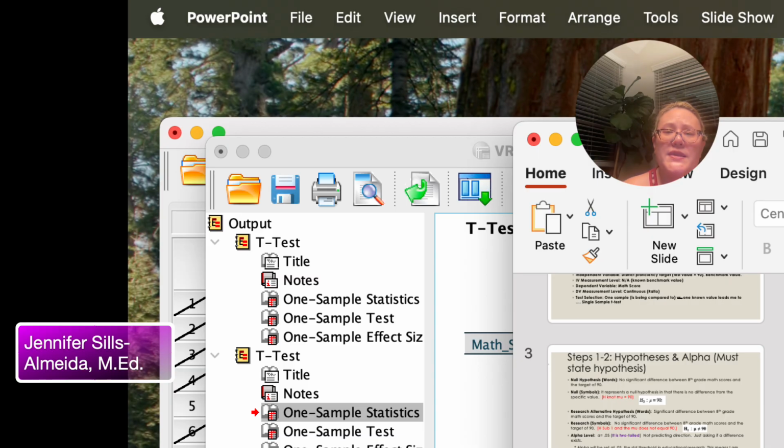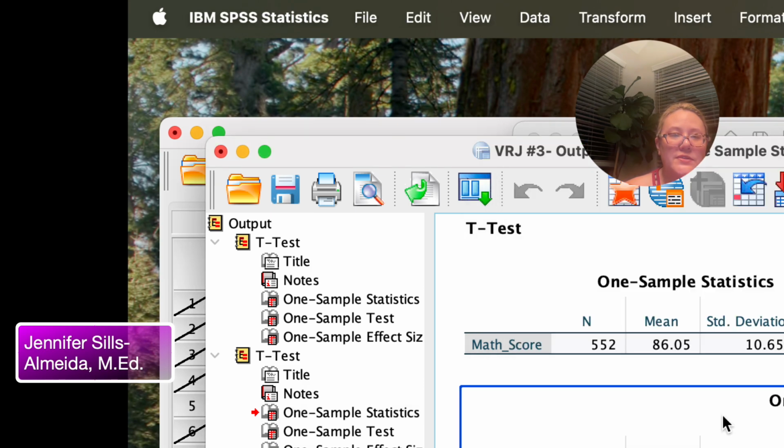And so what this means to us is that we will tell them, yes, there is a difference. We're going to reject the null because the p-value was below the alpha of 0.05. So we are rejecting the null that there was no difference because there was a highly significant p-value. And then what we're also saying is that with the Cohen's d, even though there was significance, what we do notice in the student scores, if we go back to them, is that it's not that far off, right?